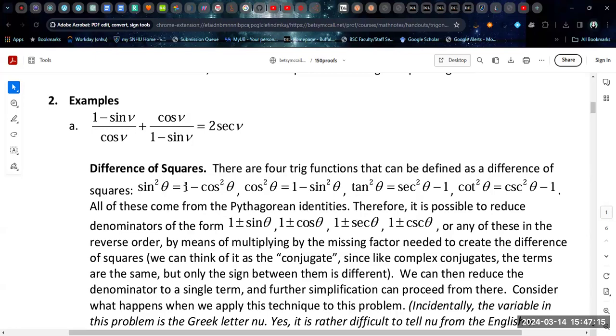So in this case, we would maybe like to turn the 1 minus sine v into 1 minus sine squared v, because then we can replace the denominator with cosine squared, and then we have something in common with the other expression. And maybe we can then go from there. So for something like this, that may be an option that we can use.